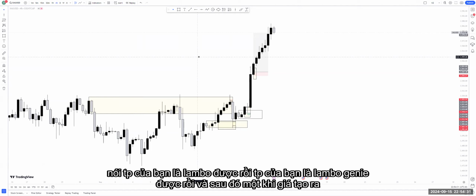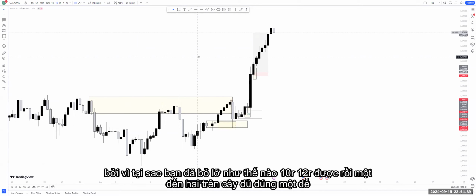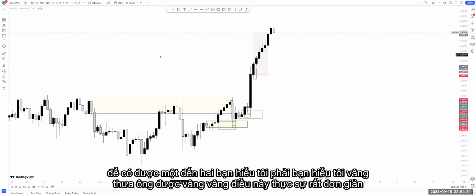Once the price makes a reversal and hits your break even, you're going to be so sad all day because you already missed like 10R, 12R. 1 to 2, 1 to 3 is enough. Since our stop loss is very small, 25 pips, you need to hit 50 pips to get 1 to 2.